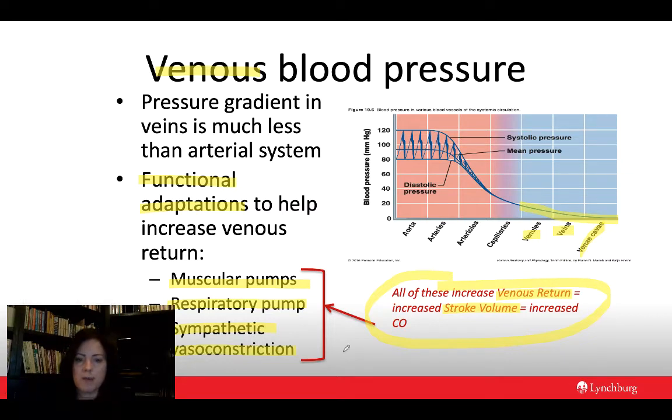If you think back to our equation, cardiac output equals heart rate times stroke volume. So stroke volume and cardiac output are directly related, and cardiac output is going to increase as well. That's the relationship there.